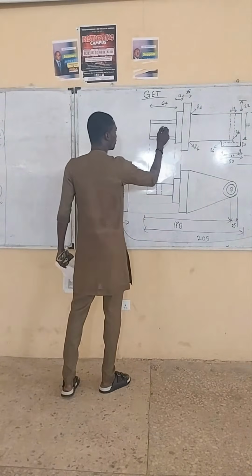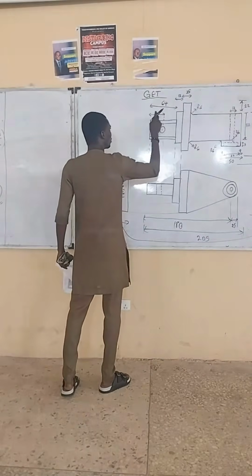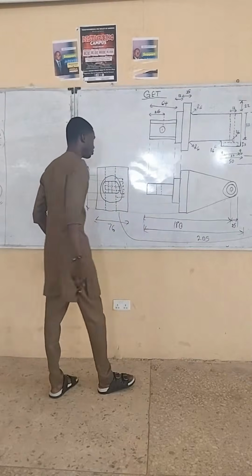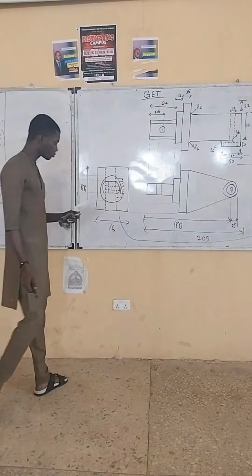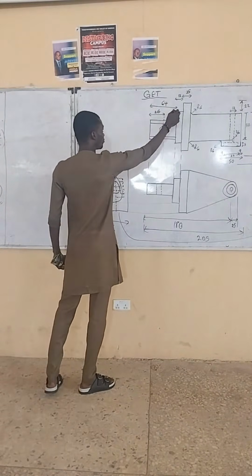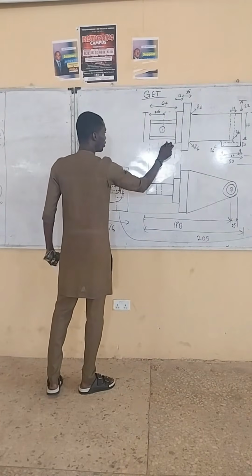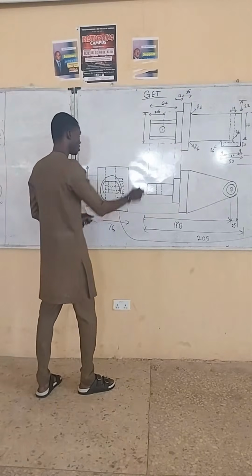I have from the midpoints upward to be 26. I have the total already, but from this place to this place to be 66.